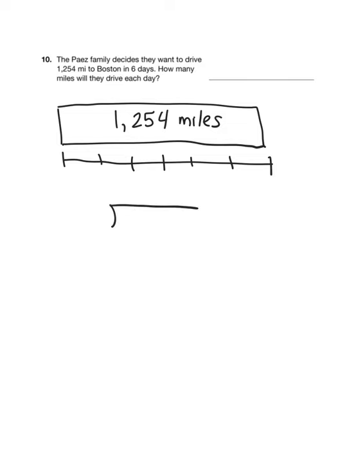So we're going to divide 1,254 by 6 days, and our n, our unknown, is how many miles they will drive each day.